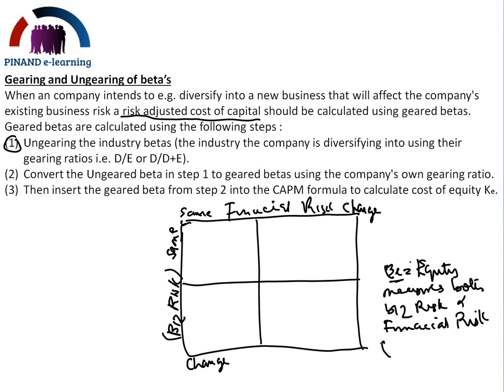While your asset beta, BA, measures only the business risk.